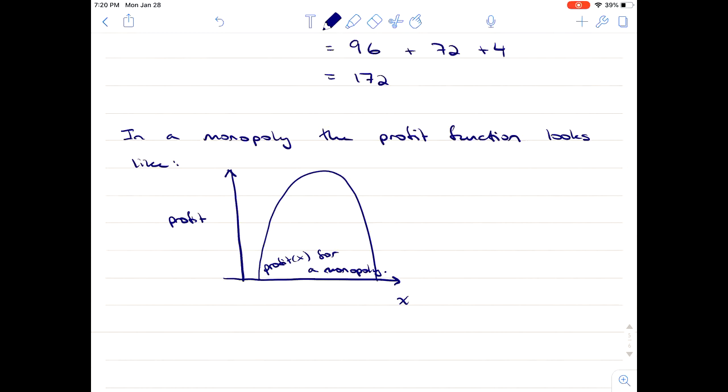And so we want to hit this sweet spot, because here's the profit. We actually don't want to be on this side where the profit is decreasing, when we could be up here. And so up here at the peak, this is our maximized profit.